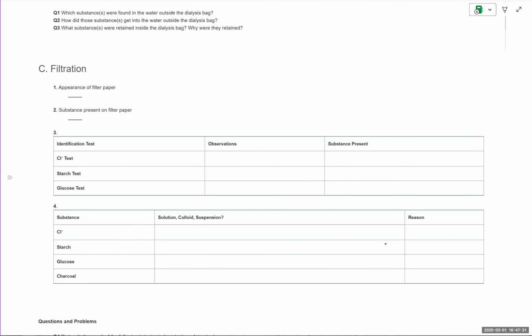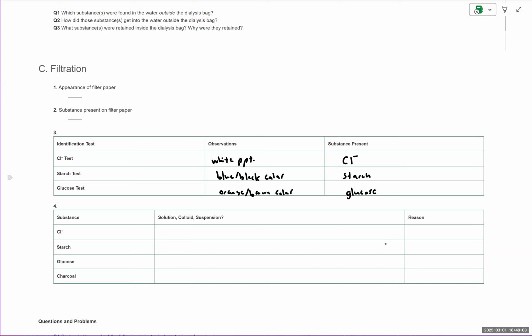For the chloride test, we observe a white precipitate, and thus this tells us that chloride is present. For the starch test, we observe a blue-black color, which tells us that starch is present. And for the glucose test, we see an orange-brown color, which tells us that glucose is present.